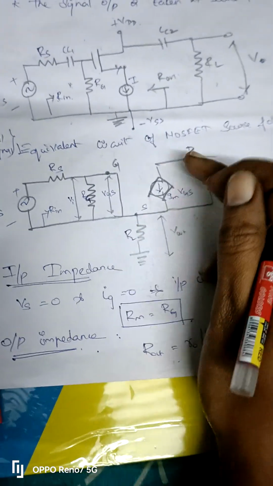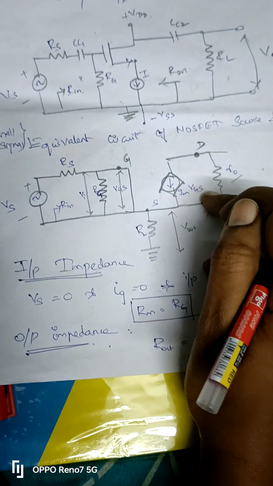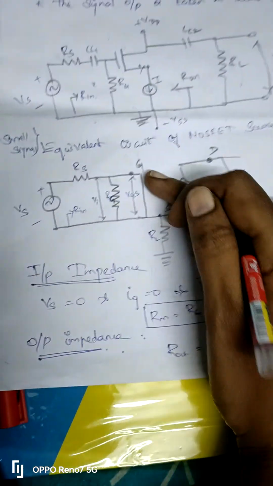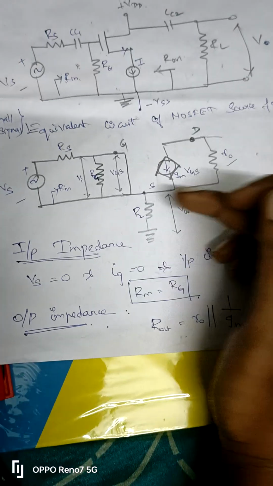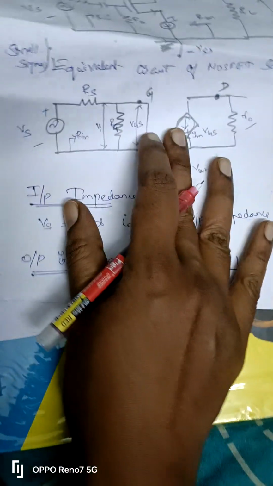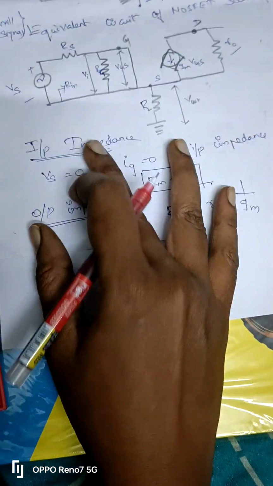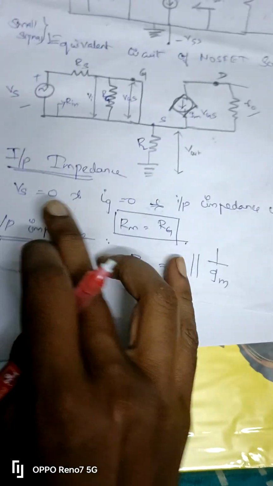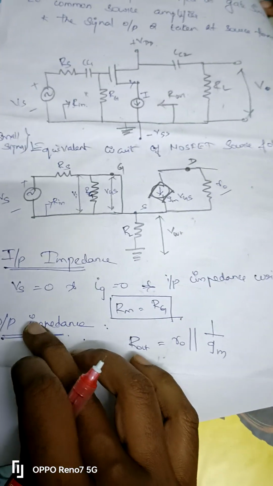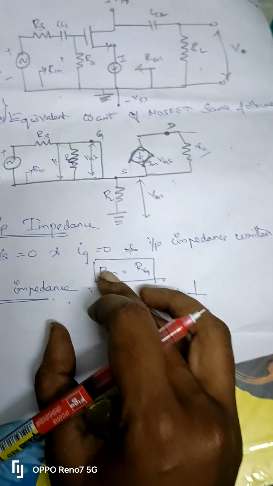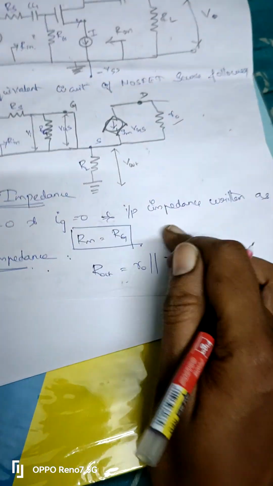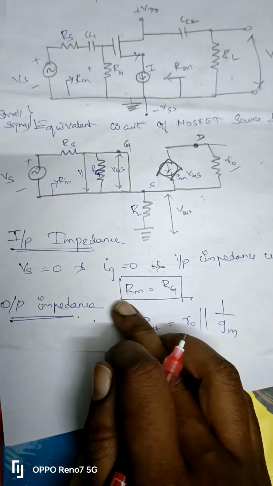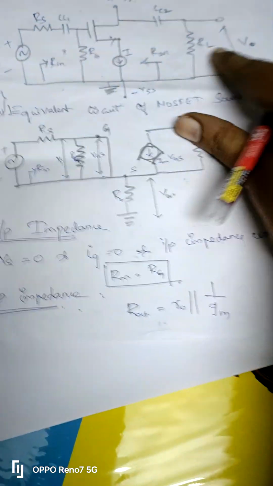For the common drain source follower, the input impedance, with Vs equal to 0 and Ig equal to 0, can be written as Rin equal to RG.